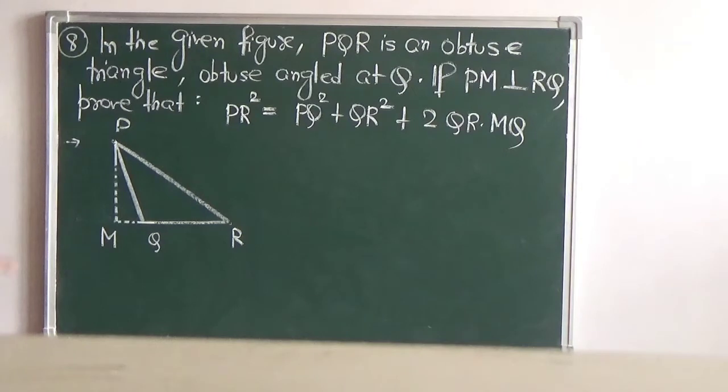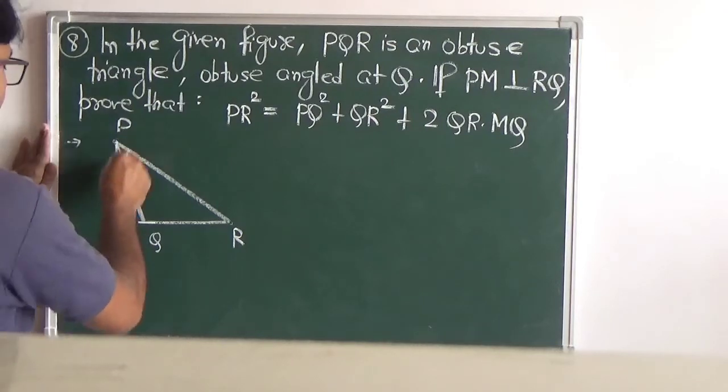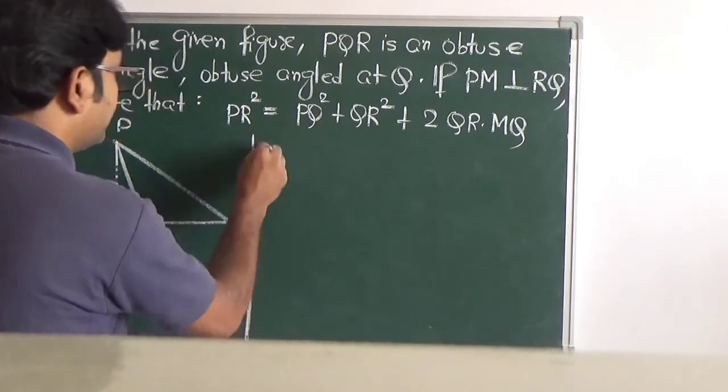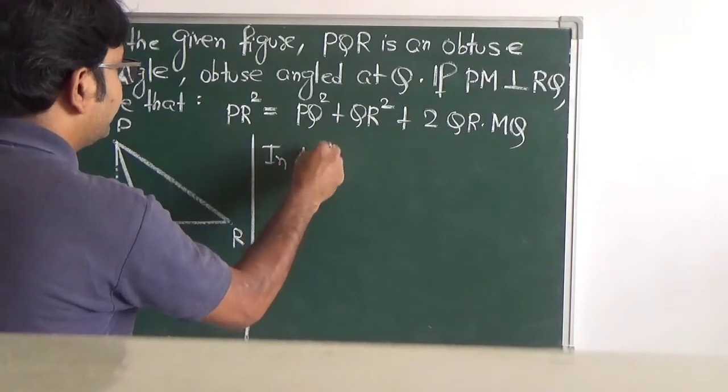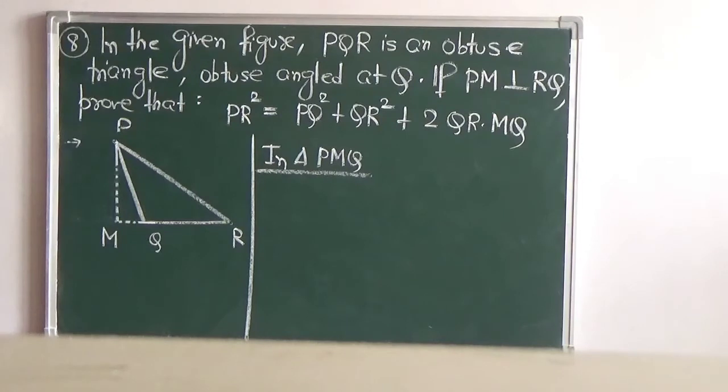Now we have two right angle triangles, PMR and PMQ. Okay, to start with, in triangle PMQ, what can we write by applying the Pythagoras theorem?